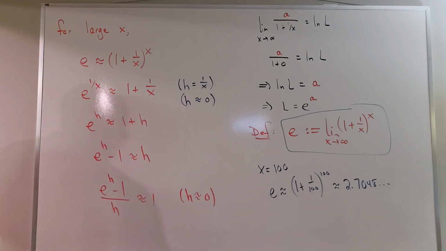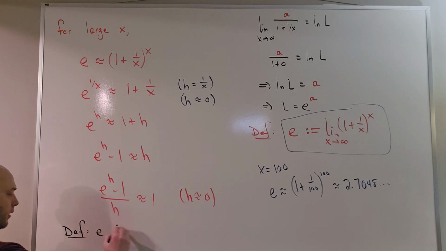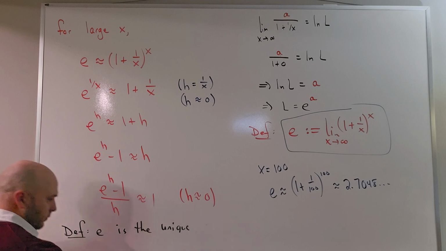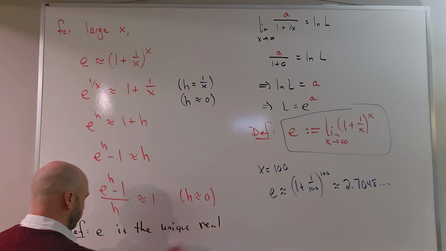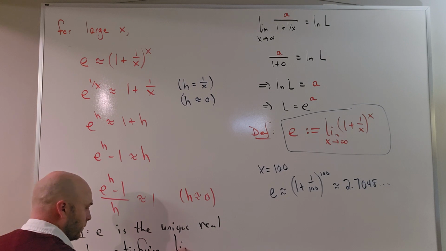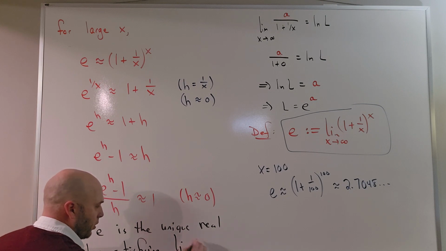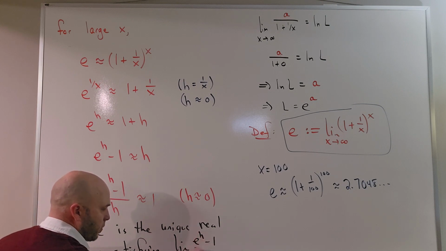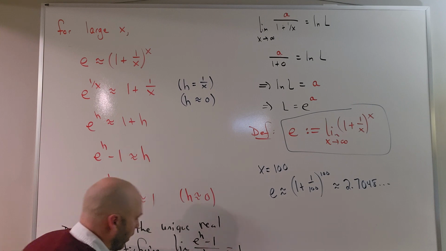And this gives me my second definition of the natural base e, and you'll probably see the following in your textbook. They'll say e is the unique real number satisfying the limit as h goes to 0 of e to the h minus 1 over h is equal to 1.